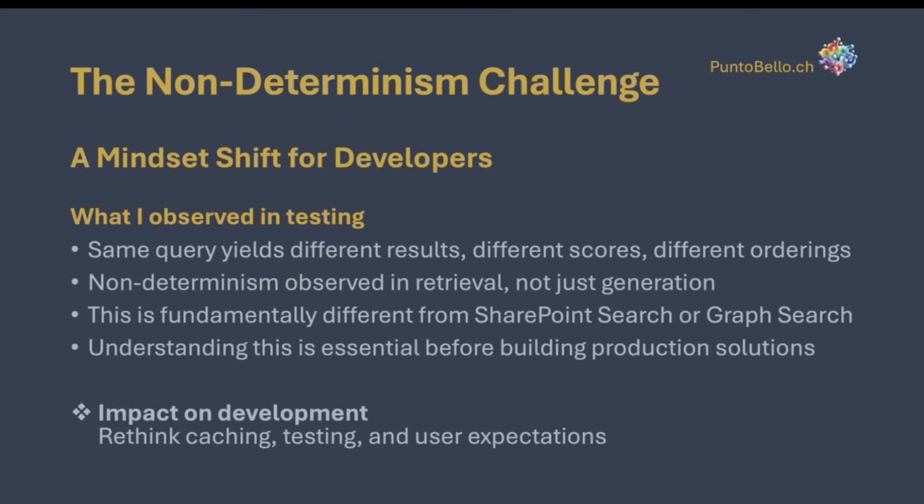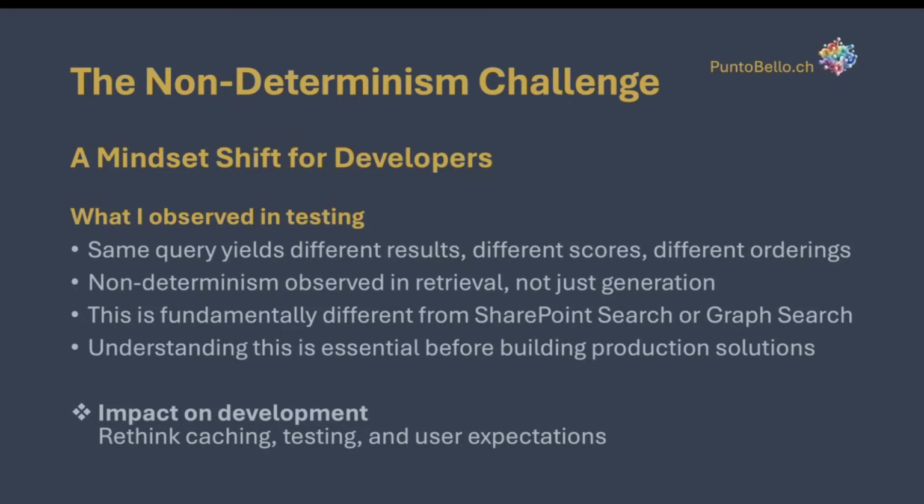And this is probably the most important thing I want to share. Until now, with SharePoint Search and Graph Search, we were accustomed to a deterministic system, where the same query would return the same results, and with these new APIs that is no longer the case. In my testing, the same query could return different results, scores, or ordering.